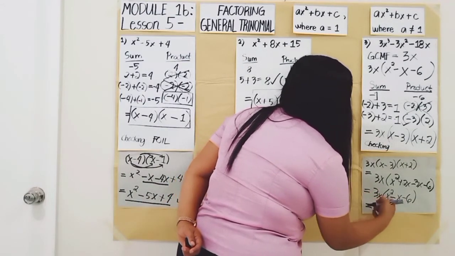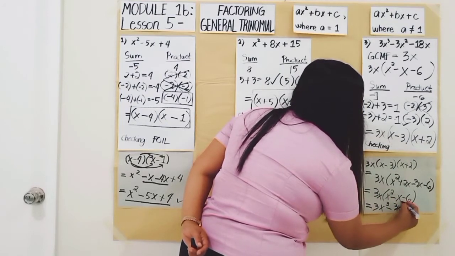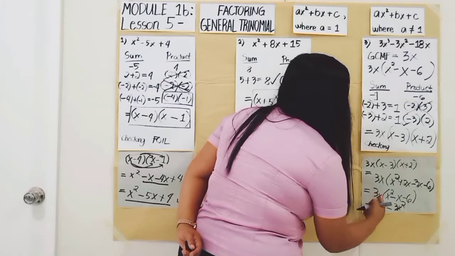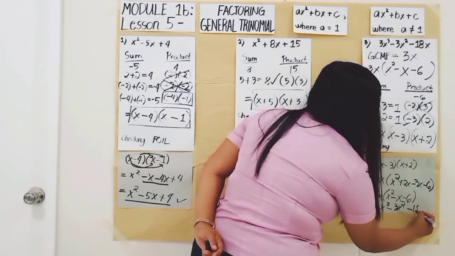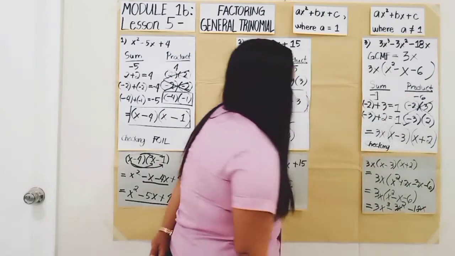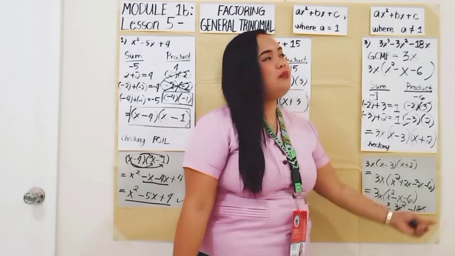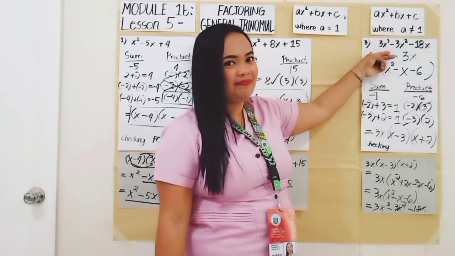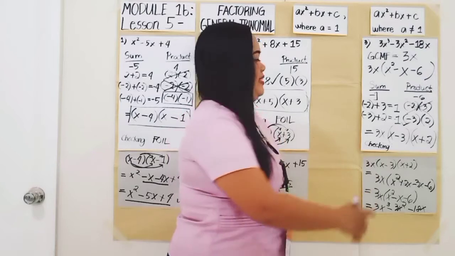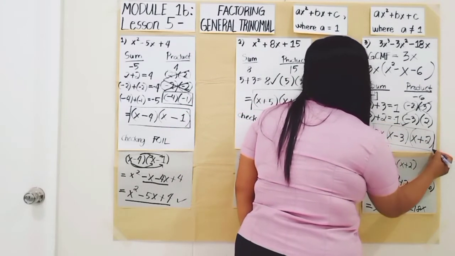And then 3x times x, that is 3x squared. And then 3x times negative 6 is negative 18x. Is it the same given trinomial in problem number 3? Yes. Then our factors are correct.